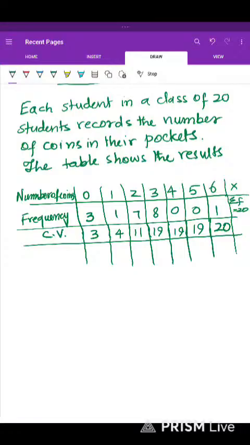The number of coins and the frequency are shown. This data can be interpreted as 3 students have no coin, 1 student has 1 coin, 7 students have 2 coins, and similarly it goes on.